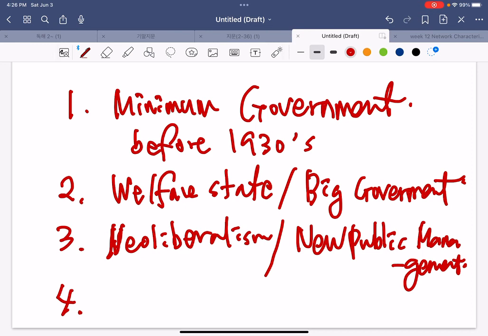Contracting out and outsourcing could not perform well. Therefore, the scholars and practitioners thought about a new approach to overcome new liberalism and new public management. That is new governance.